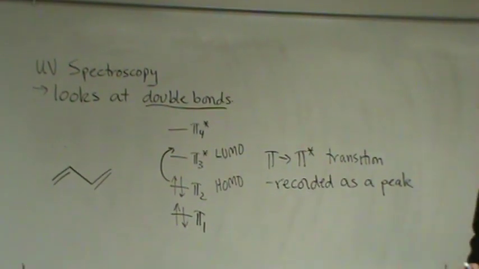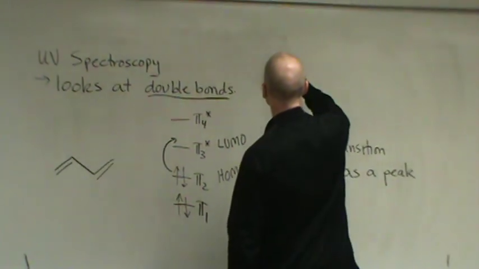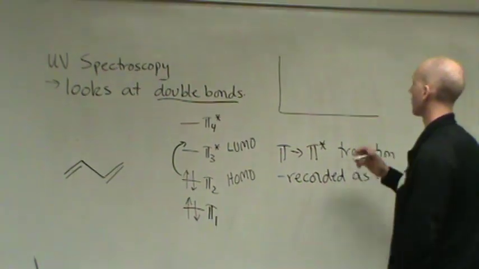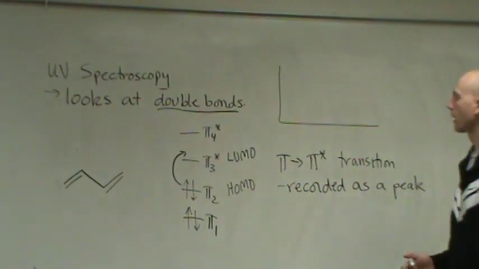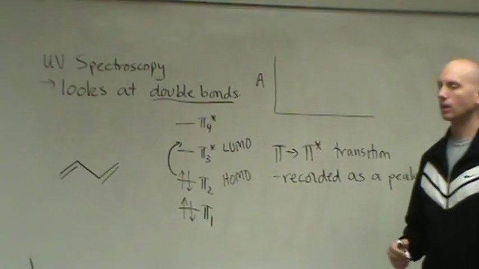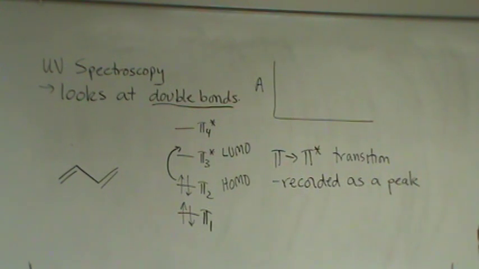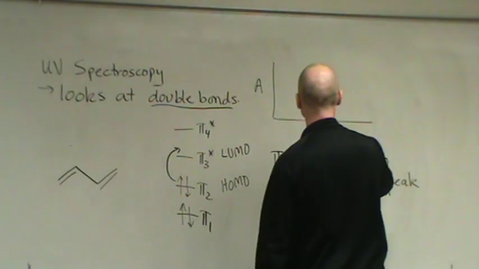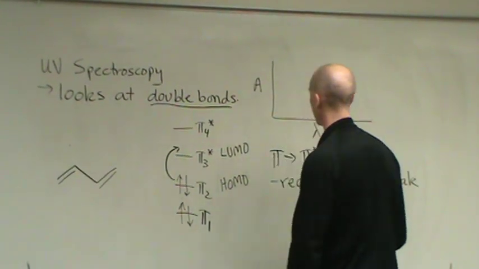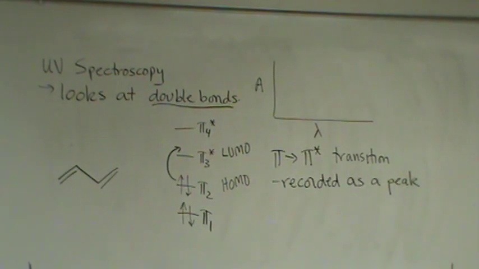The way these kinds of peaks look is something like this. They're printed on a graph where you have the A, which stands for, not a grade, but the absorbance of the peak. And then it plots it based on the wavelength of the peak, which we'll talk about in a little bit.